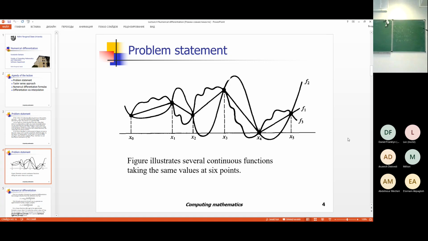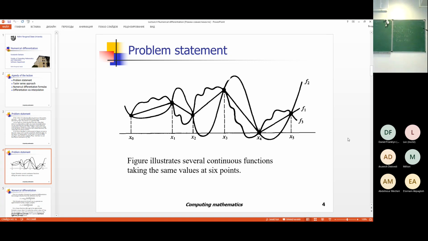Again, I show you this picture. This picture illustrates that there are a lot of functions that pass through given points. Here we have 6 points, x0, x1, x2, x3, x4, x5. And there are infinitely many functions that pass through these points.